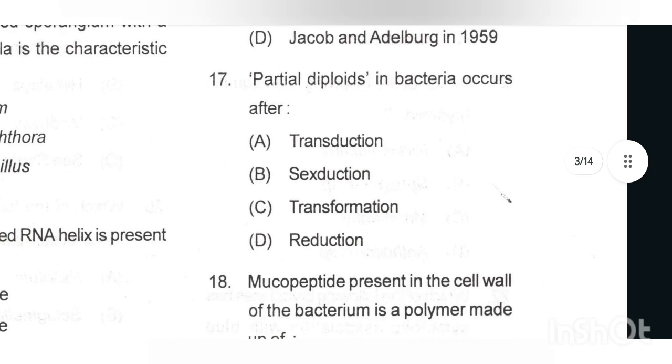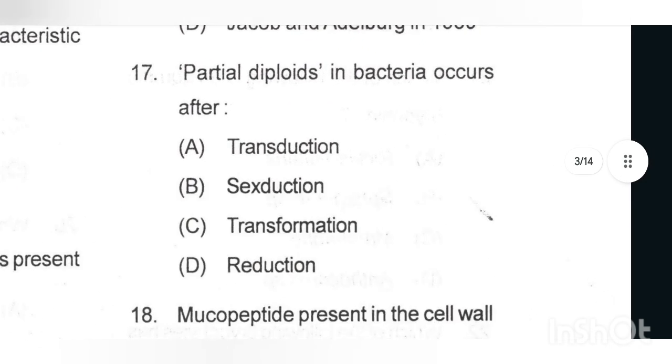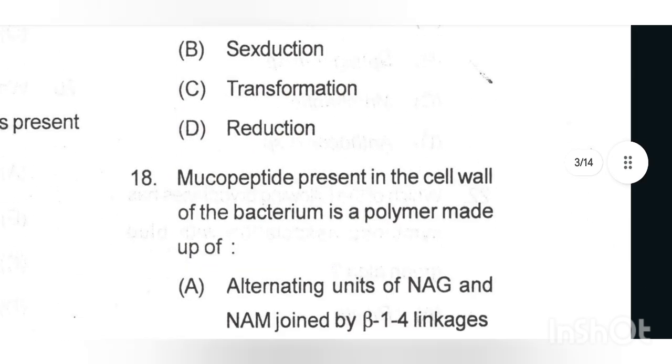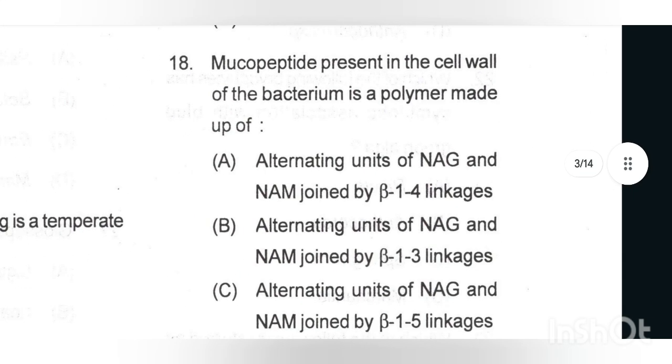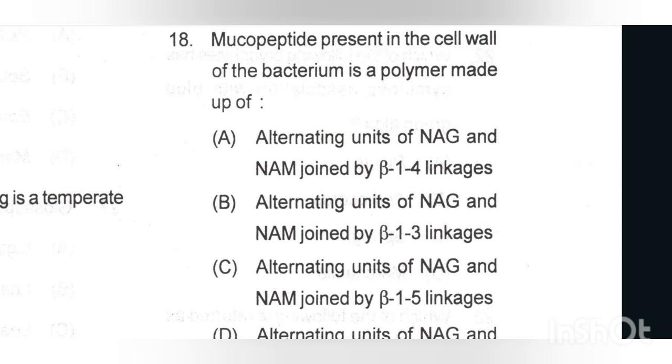Then question number 17, partial diploids in bacteria occur after. So here the right answer is option B, sexduction. Then question number 18, mucopeptide present in the cell wall of bacterium is a polymer made up of alternating unit of NAG, N-acetyl glucosamine and N-acetyl muramic acid joined by beta 1,4 linkages.